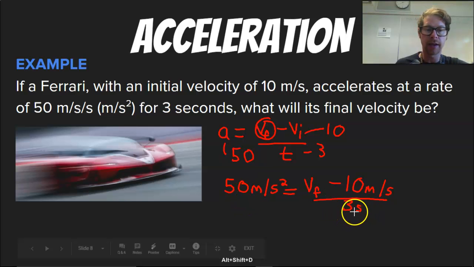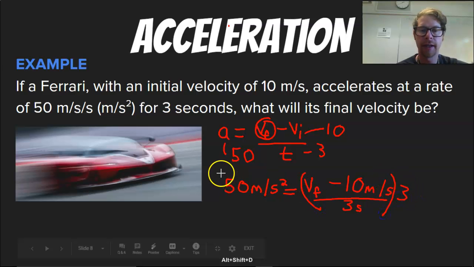Couple things we can do here, but the easiest one is probably to multiply both sides by that 3 so that we get it out of the way. So multiply by 3 here, 3 here. So that becomes 150 is equal to final velocity minus 10.